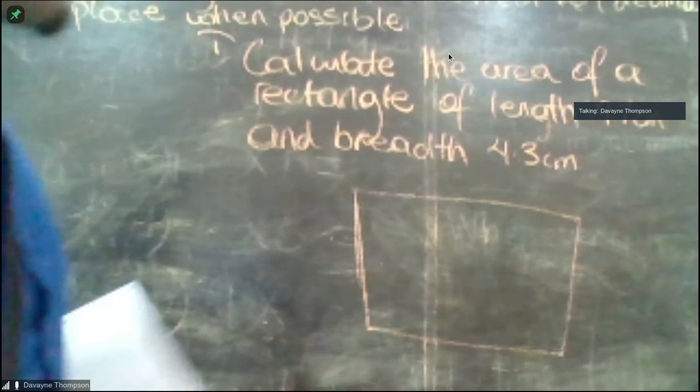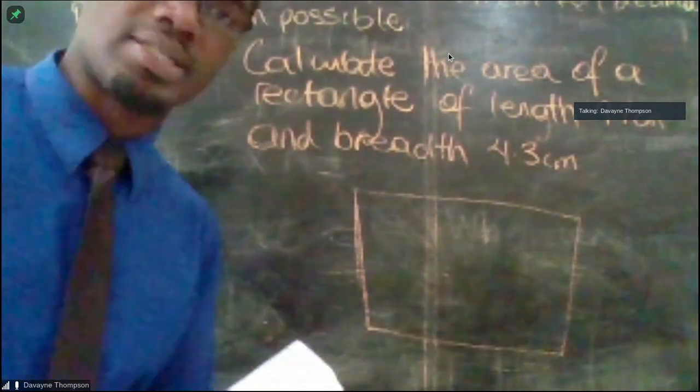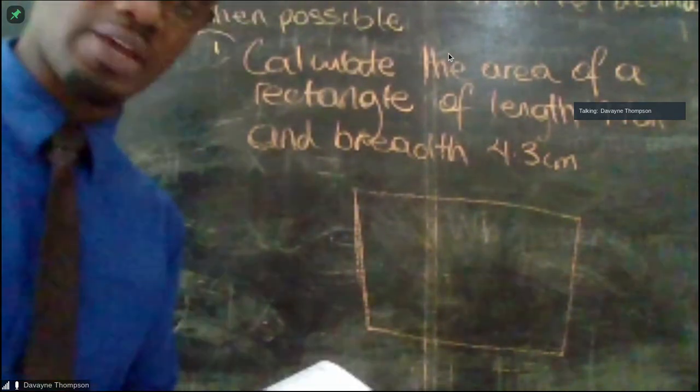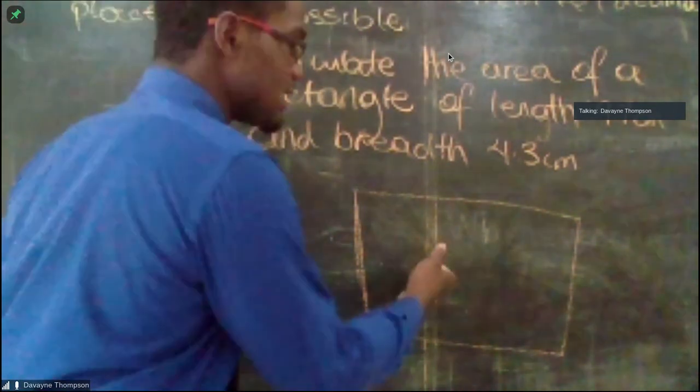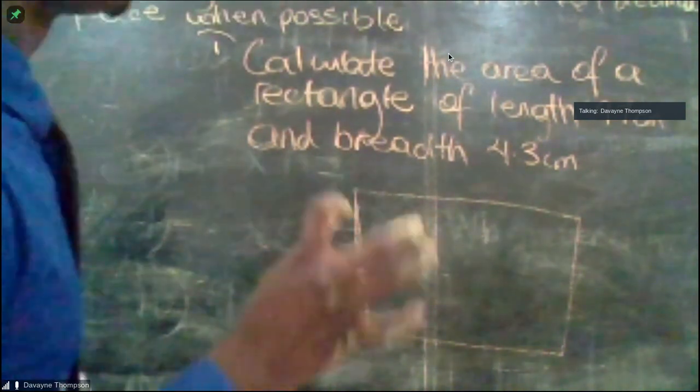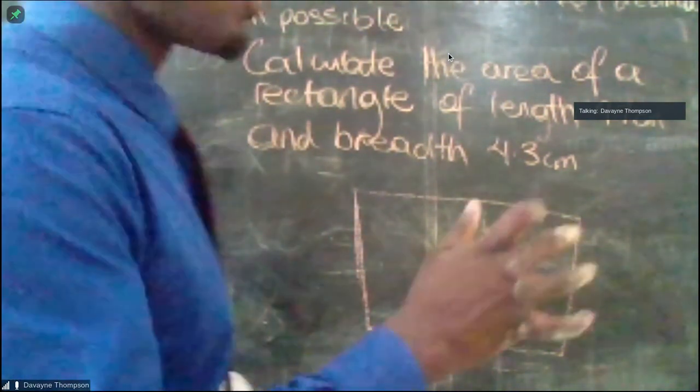The reason I'm sketching the rectangle is not because it is a requirement, rather it helps you to see it. In exams, you can sketch the diagram if you want to, but it's not required. I won't mark you down if you don't have your diagram, but you must have your working out and your units.